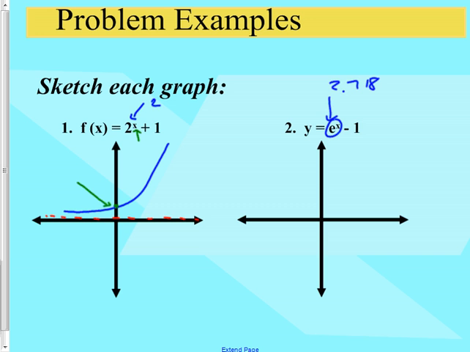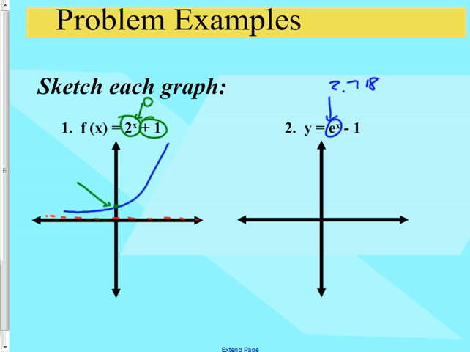Yeah, you're taking something and putting it to the 0 power. If x is 0, then I'm sticking in x is 0. Then I'm getting 2 to the 0, which is equal to 1. But, like I said, if it hasn't been shifted, it'll go through this. This one comes out to 1 after I put in a 0 for x. 2 to the 0 becomes 1.